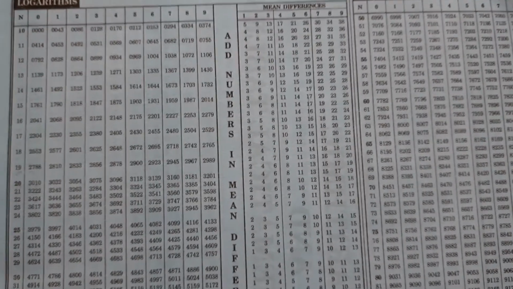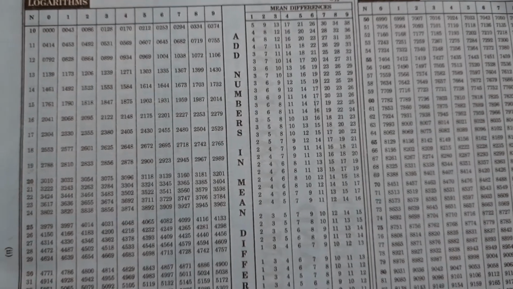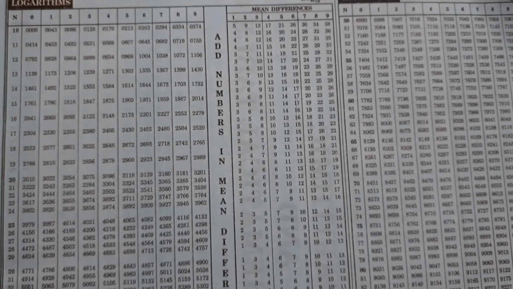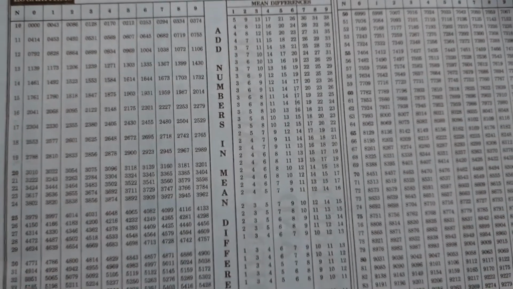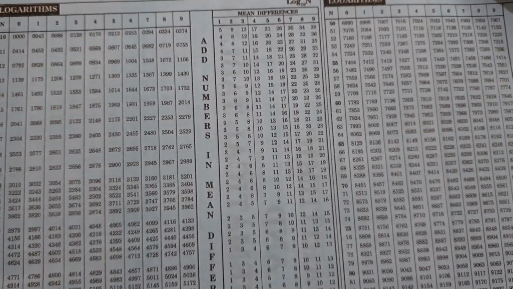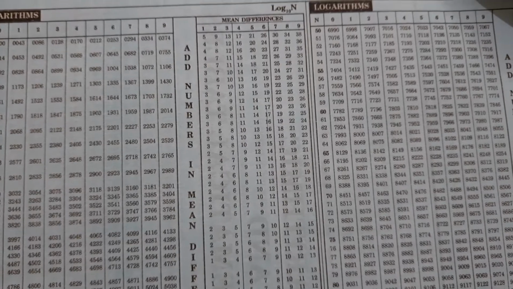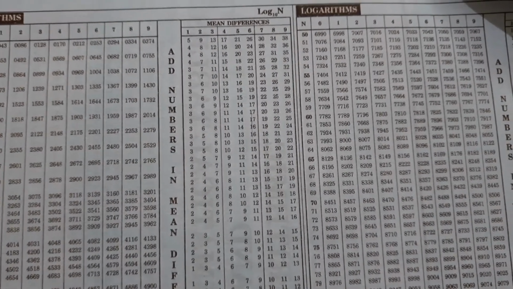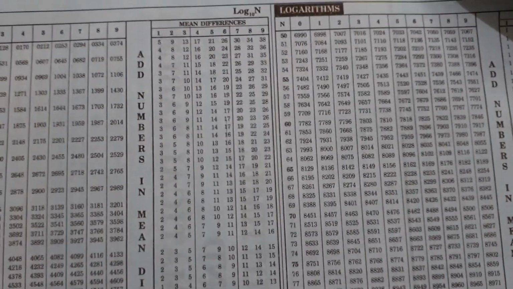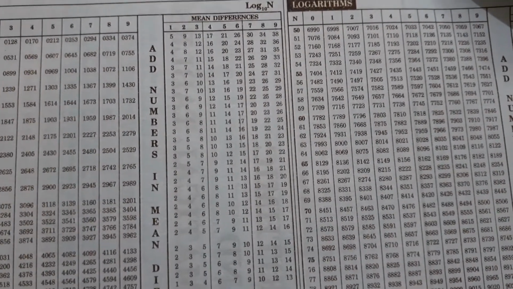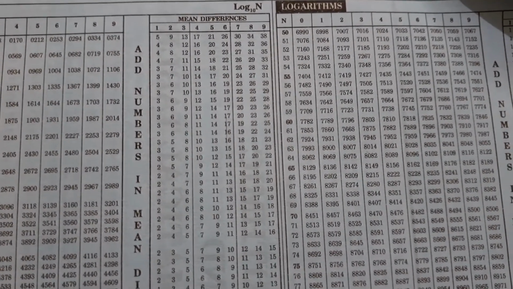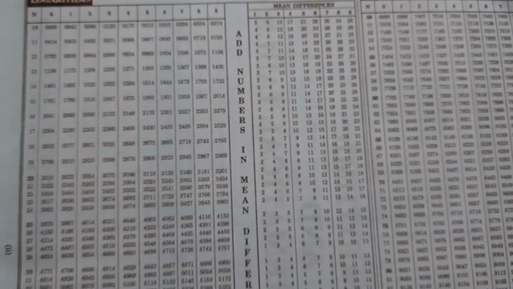After that there are 10 columns starting from 0 to 9. After that there are mean differences, and in that 9 columns, starting from 1, 2, 3, 4, 5, 6 up to 9. So this is the log table.